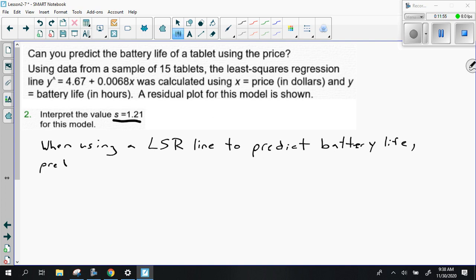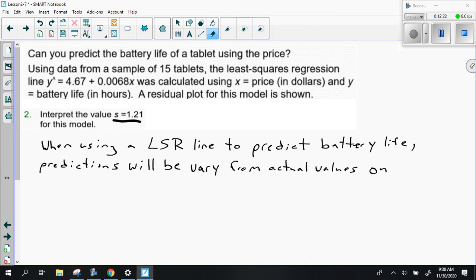Predictions will vary from actual values or observed values. Very important. Let's see, I'm going to say on average here in a second. That's a very important dimension.